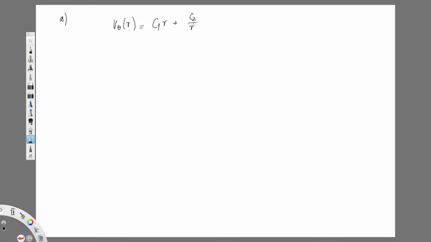And that velocity component depends only on one coordinate, and that is R. More likely than not, any problem that you can solve by hand will be like that. You will have only one velocity component that is alive, and it depends only on one coordinate.